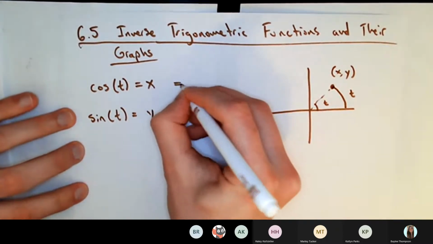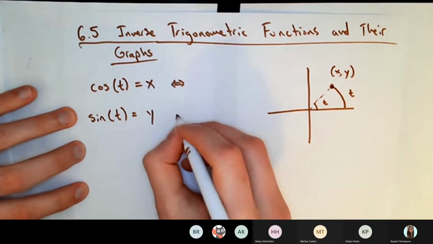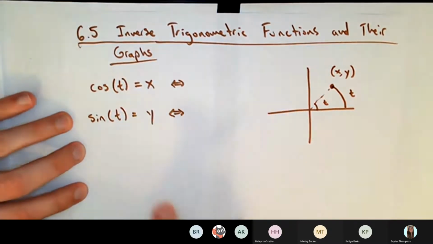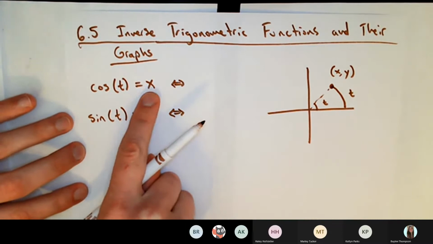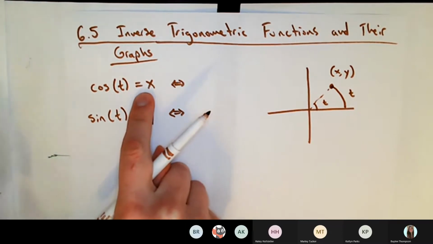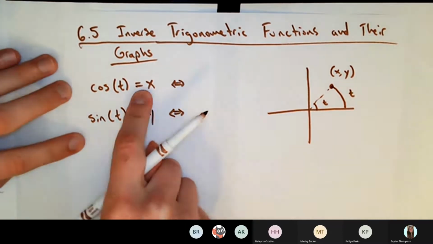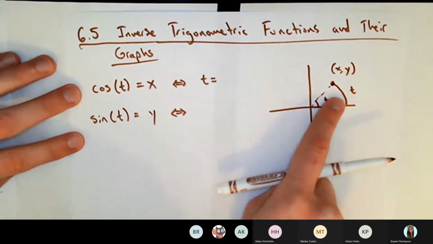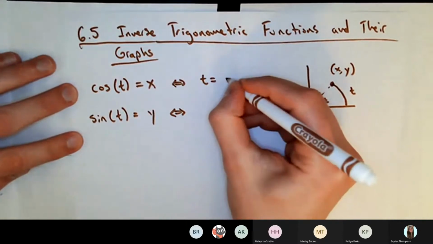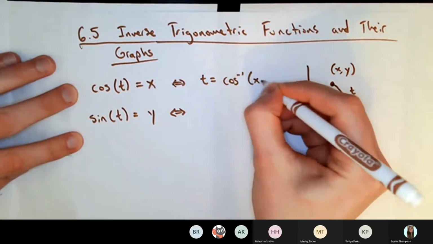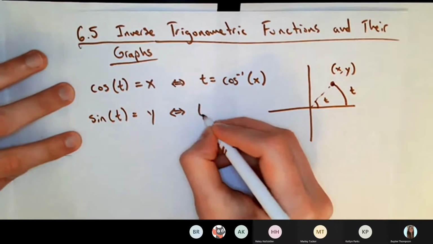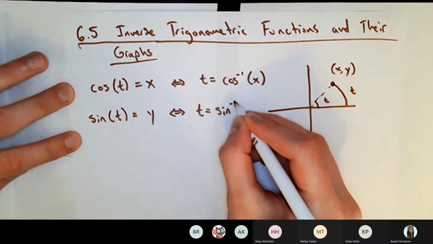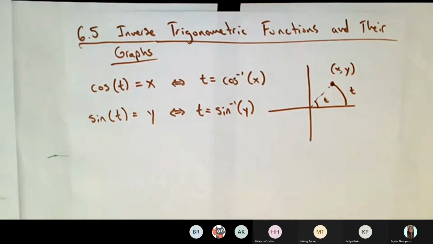Then I know from our discussions in section 5.4 that if I'm actually given the point, like in this case, given the x coordinate of the point, then I can invert the trig function and say, well, if I'm looking for the arc length or the angle subtended by the arc, then t can be equal to cosine inverse of x. And similarly, down here, t can be equal to sine inverse of y. Okay, so this is just unpacking.